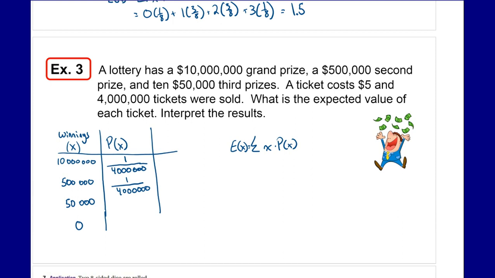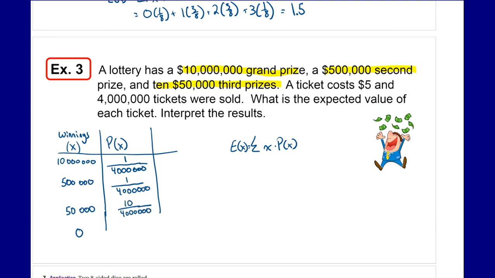For the third prize, the $50,000, there are 10 prizes of 50,000. So that would be 10 out of 4 million.